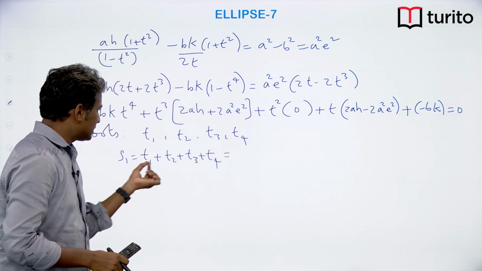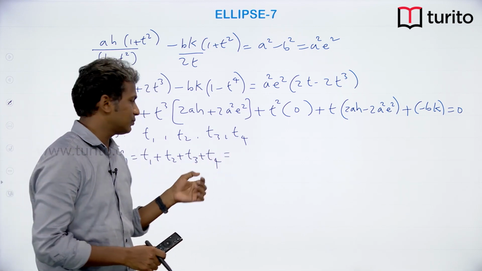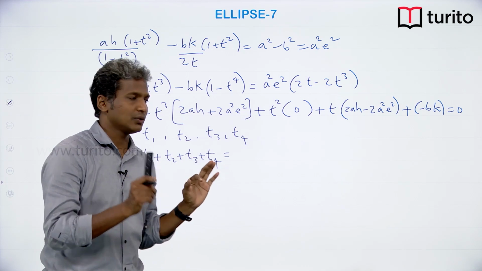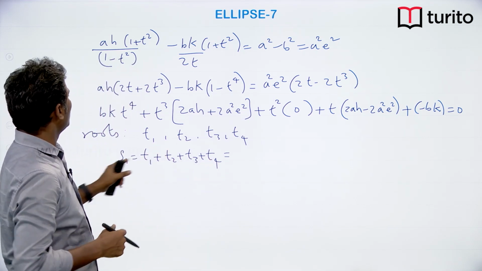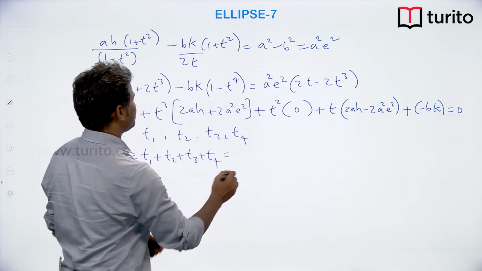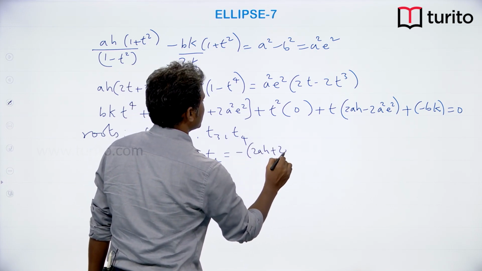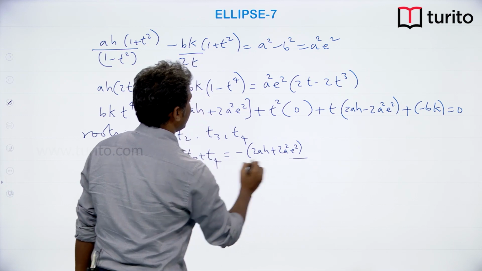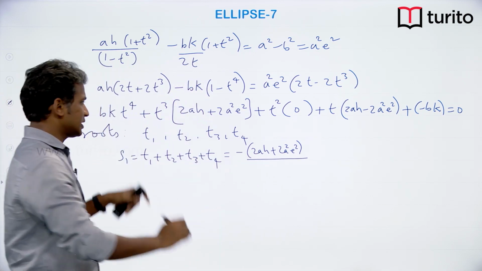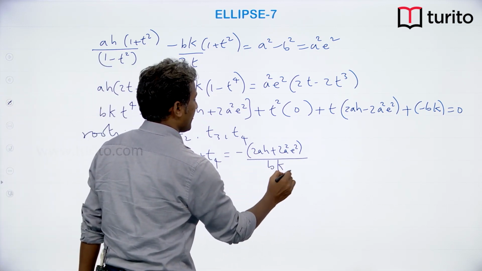Now, what exactly is this t1? Tan theta 1 by 2. This is tan theta 2 by 2. You know it. Now, the sum of all roots is going to be minus 2ah plus 2a square e square divided by the coefficient of the highest power, which is bk.